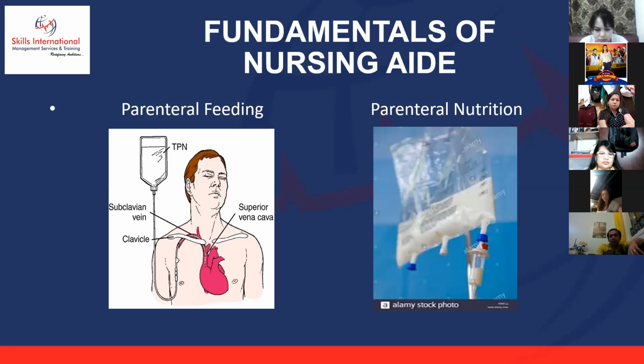They inserted the cannula or the tube through this vein. So the incision will be there between the clavicle, near the shoulder, and through the superior vena cava, passing directly to the stomach. So this, we are giving the parenteral feeding.